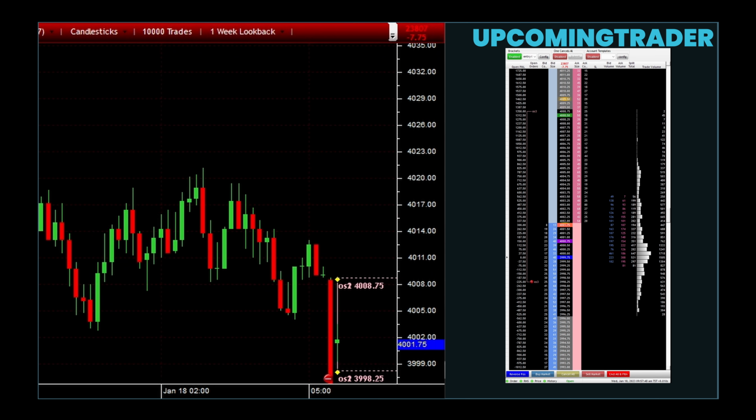Let us also go over some common mistakes that traders make when using volume. The first mistake is ignoring volume during key price moves. You should always check the volume to see if a move is supported.